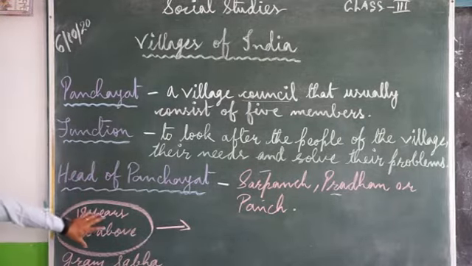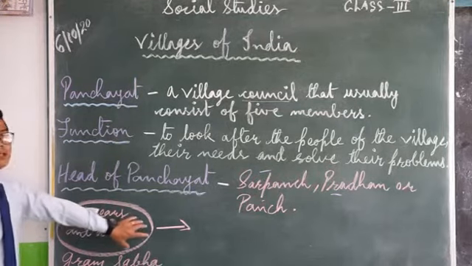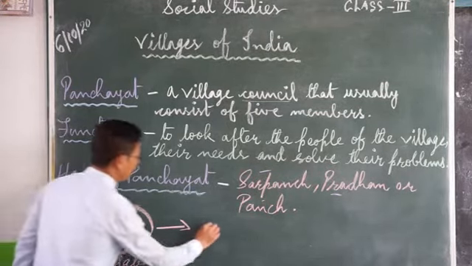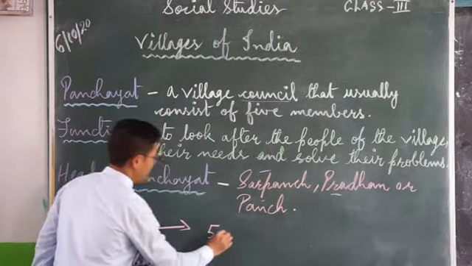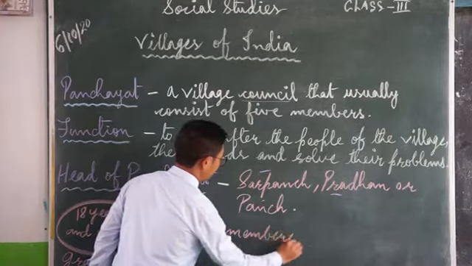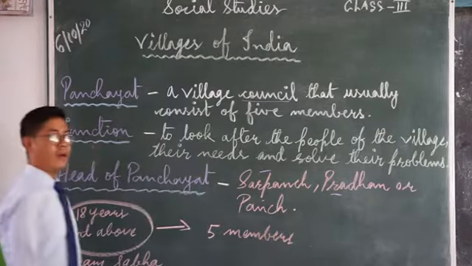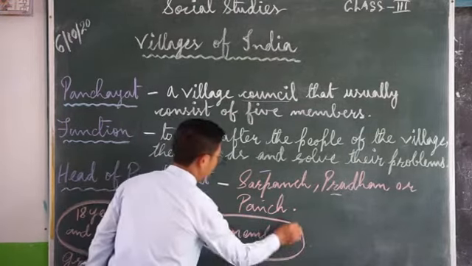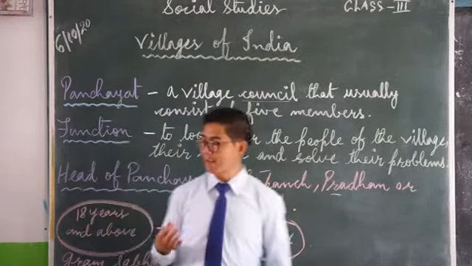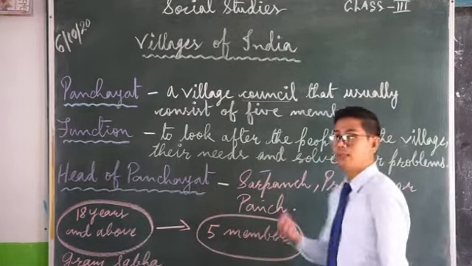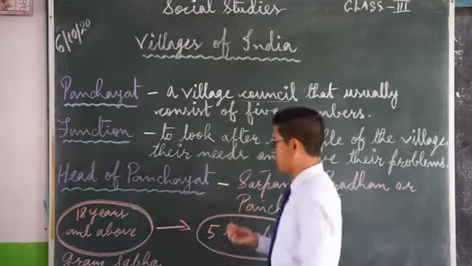Now they discuss and they elect. Means they choose 5 members who are capable to rule the village or to fulfill the needs of the villagers.